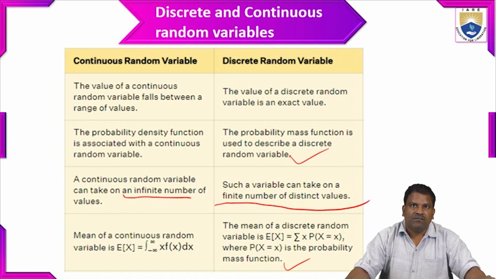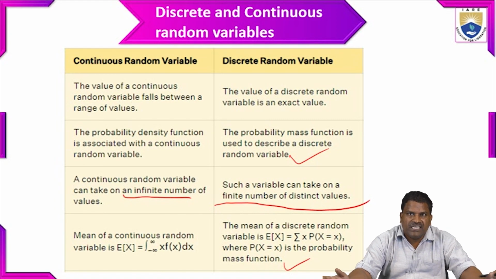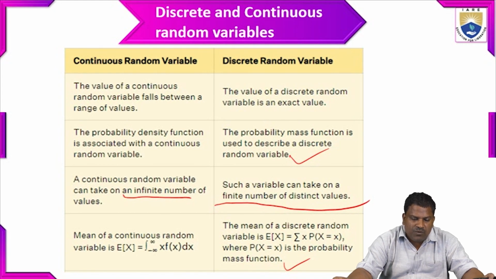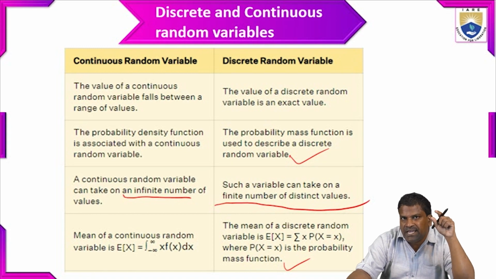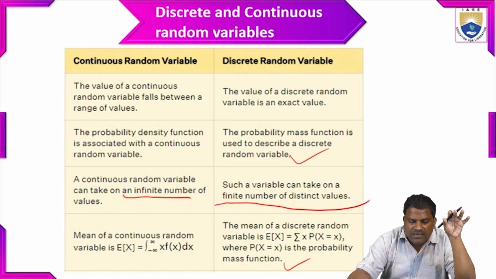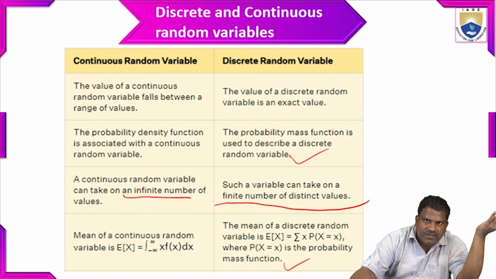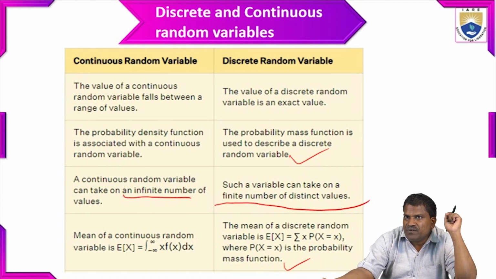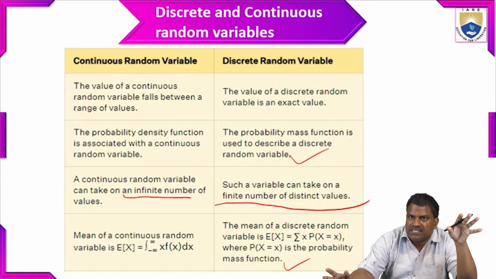One more difference in these two variables: the probability density function is associated with a continuous random variable, while the probability mass function is associated with a discrete random variable. It is the same function f of x.